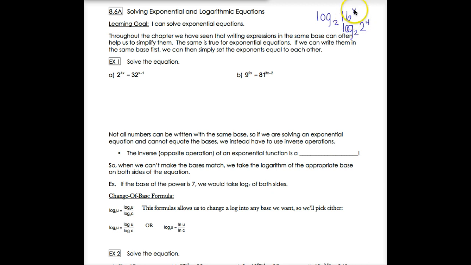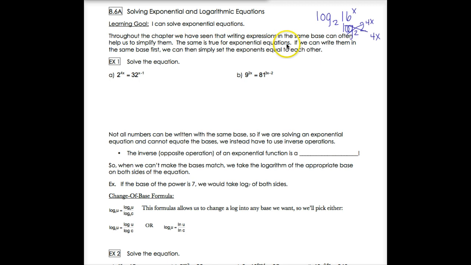So 2 to the fourth raised to the x would be 2 to the 4x. And so by rewriting it in a different base, we could then say bases match, so the log and the base cancel, and that would simplify to just 4x. So that's one example of where we've used rewriting bases and that helped us to simplify it.